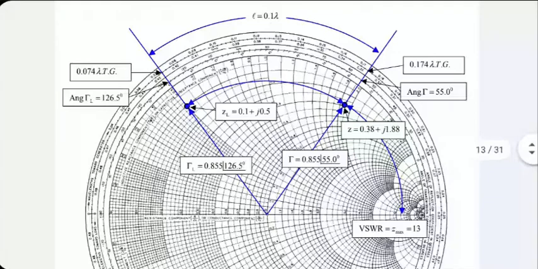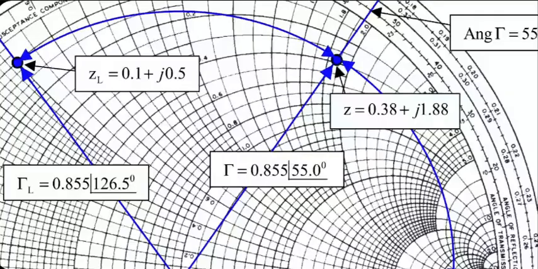It will be the same as it was at the load end. Input impedance now can be read by marking which circles are passing through this point. And he got 0.38 as the value for the constant R circle and 1.88 for the constant X circle. You can verify this.